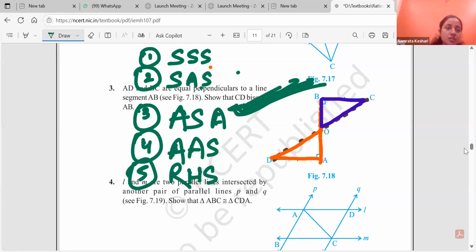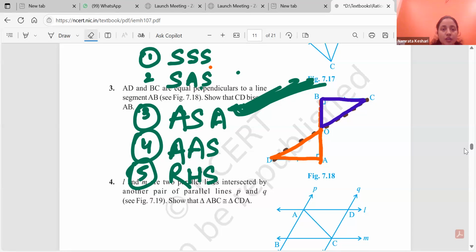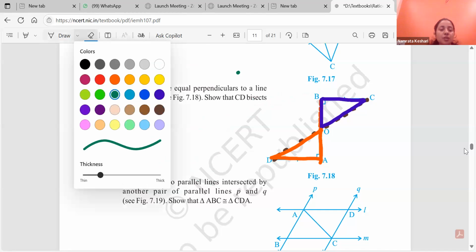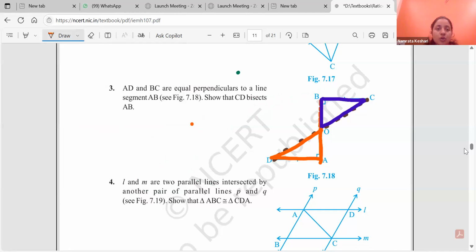Okay, let's see in this the blue color triangle and the orange color triangle, that if we can match any criteria from here, then we can declare the two triangles are ditto same, and then AO and BO will be same. So we are talking about triangle BOC and triangle AOD. While writing the name over here, I said you don't have to be specific that B over here, A over there.